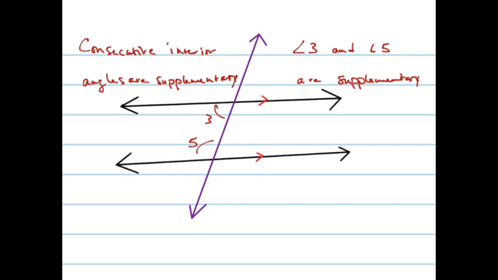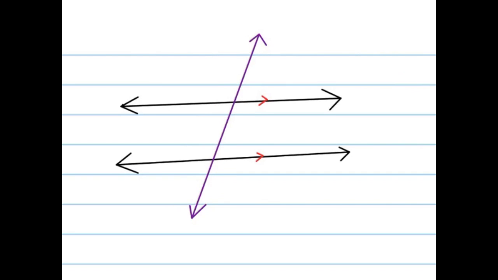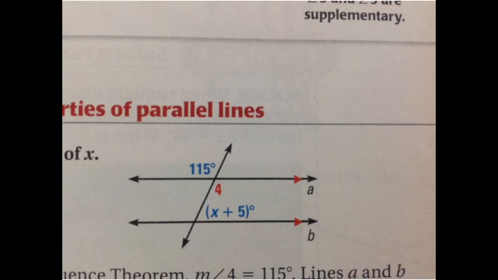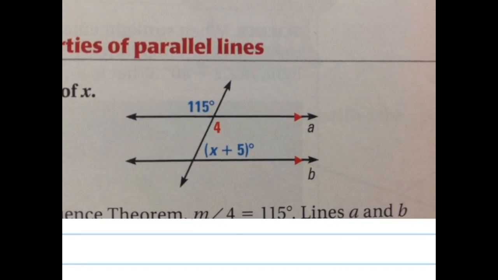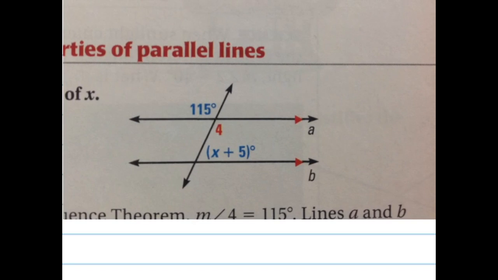So if we look at example 2, it gives us another diagram, and it asks us to find a value of x. So we have to use what we just learned about the properties of angle pairs to set up an equation to solve for x.